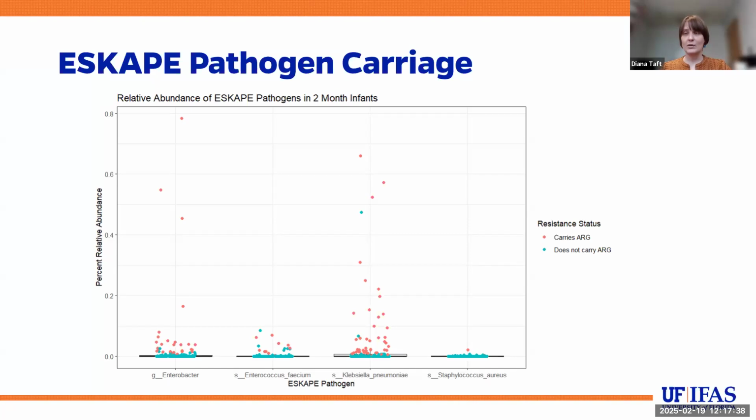Now, the Staphylococcus aureus is most likely a skin bacteria, most likely from when mothers breastfeed. But the others, yeah, those aren't things you see at that level in adults. And very often, the infants with the higher relative abundance of these pathogens are the infants who are carrying the resistant strains.